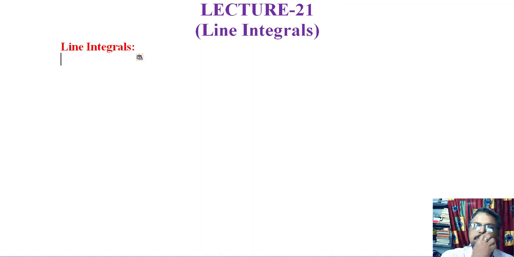Line integral. Integration along a line or a curve is called line integration. Now, how? We will discuss. Suppose you take a curve, I will take one curve.